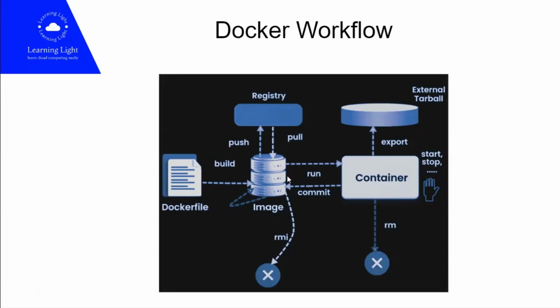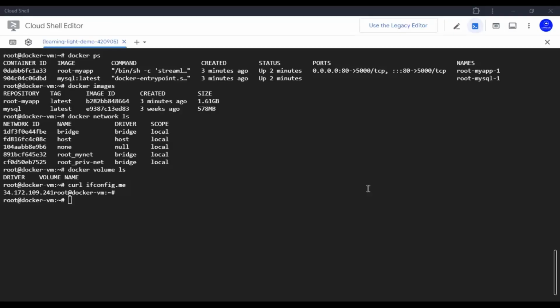Now, in this video, we will come to know how we can commit a new image from a customized container, and bring the container state to an image by committing that container to an image. So let's jump to the console and get started.